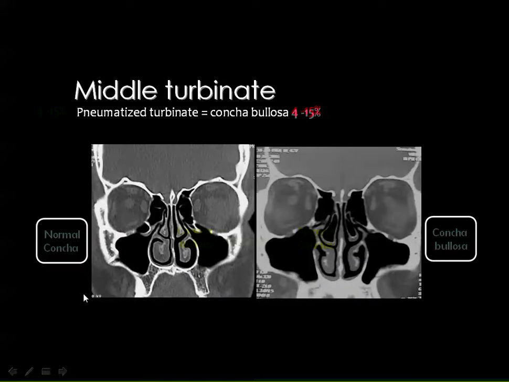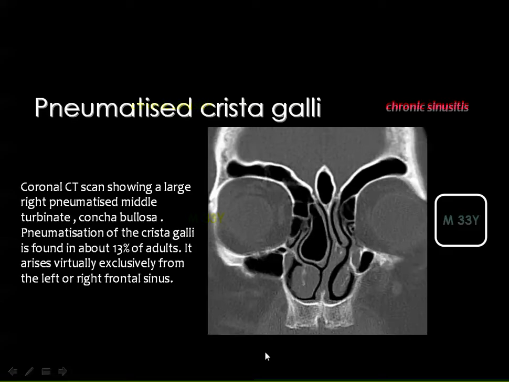The middle turbinate, this is the normal appearance, and you remember the attachments to the cribriform plate of ethmoids superiorly. This is the fovea ethmoidalis or the lateral lamella. The middle turbinate can be pneumatized and is known as concha bullosa. And this is an example. Concha bullosa can be unilateral or can be bilateral, can be symmetric or asymmetric, one small and the other one large.